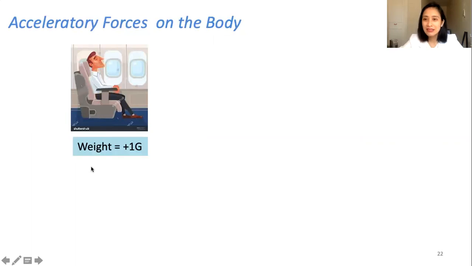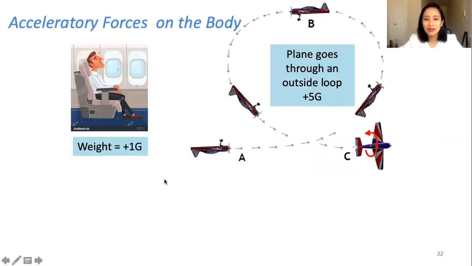So let's say you're riding a plane and your weight is labeled as 1G. So if the plane suddenly goes on a loop-the-loop, your body experiences positive 5G acceleratory force, because of the linear acceleration as well as the centrifugal acceleration.